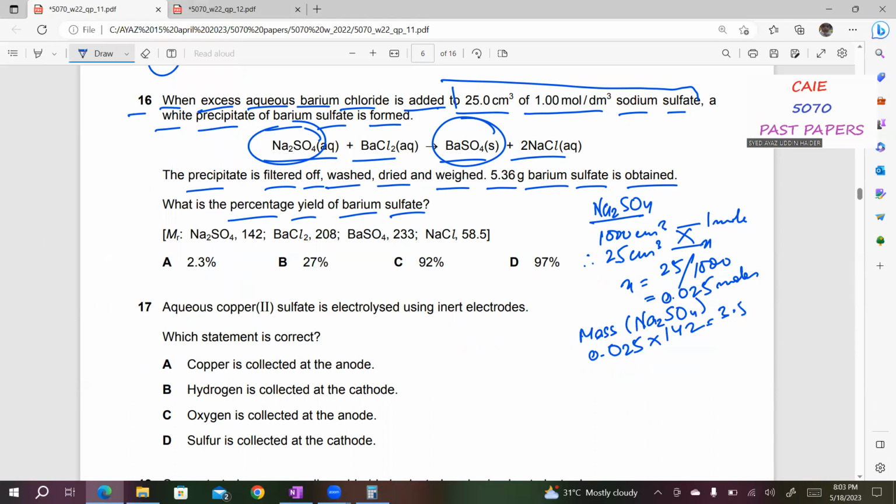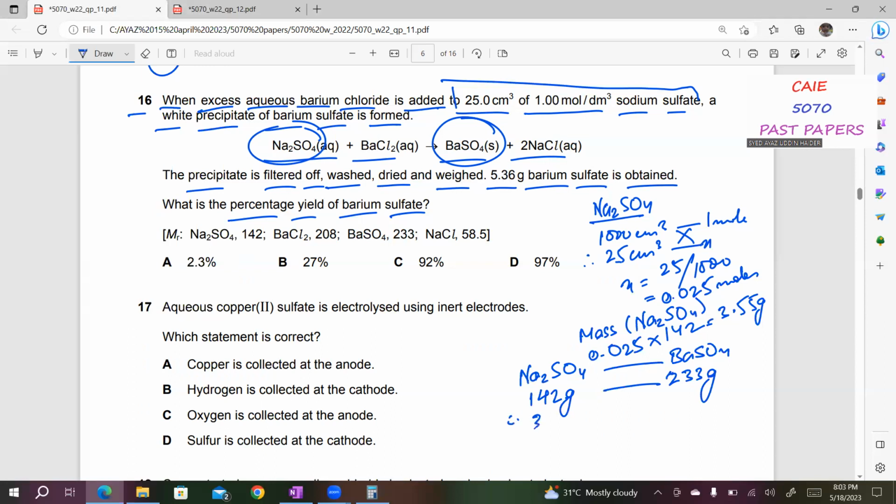This is the mass, 3.55 grams. So, Na2SO4 and BaSO4. You'll write 142 grams produces 233 grams of BaSO4.